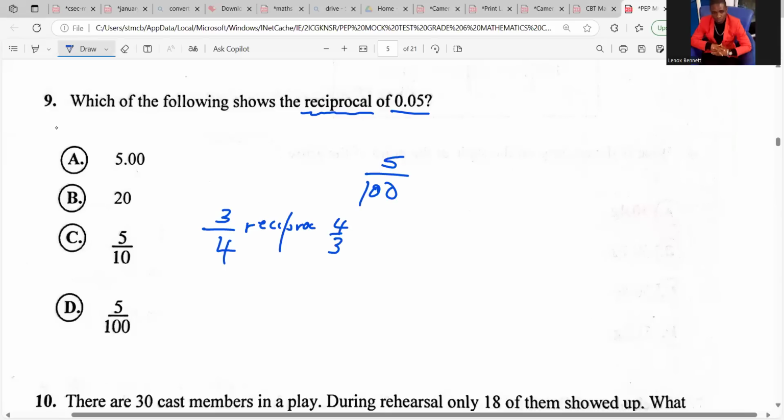So wouldn't the reciprocal of this be 100/5? So basically what Sakina said is correct. It's actually 20, because you have to find the reciprocal. So this is correct, but they want the reciprocal, so you have to flip it. When you find the reciprocal, it's 100/5, which works out to 20.